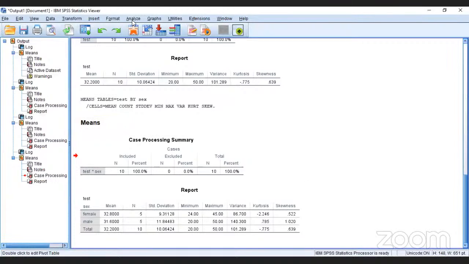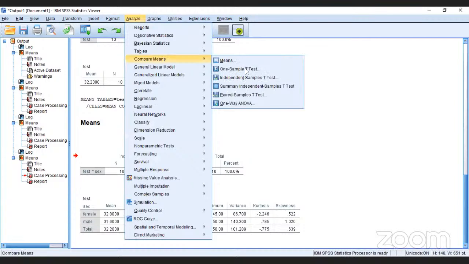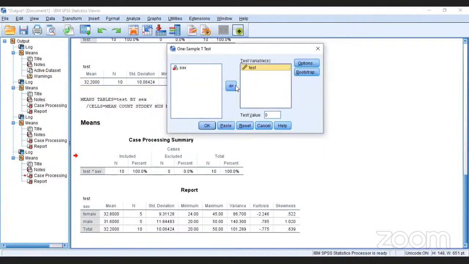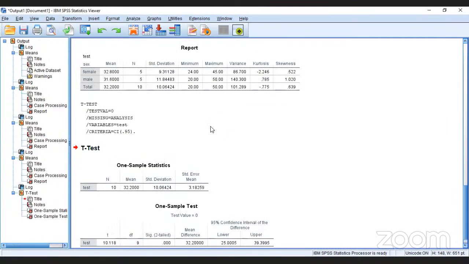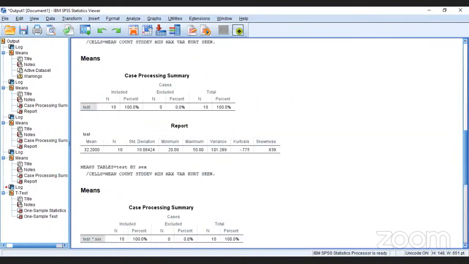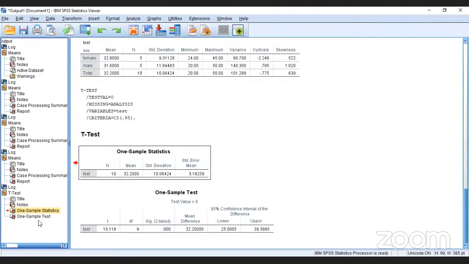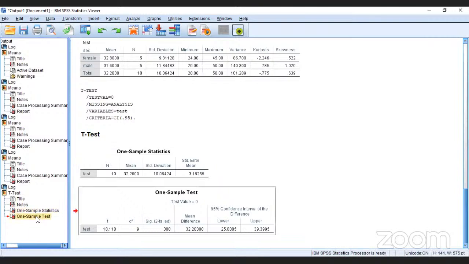Now if I go to analyze again, compare means and one sample t-test, then I can take only one variable. So what I find is the t value 10.11, df 9, and it is significant.